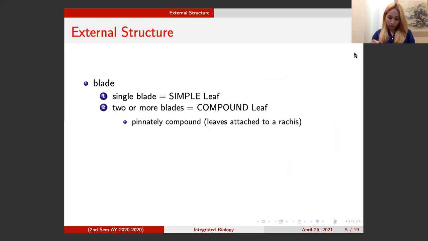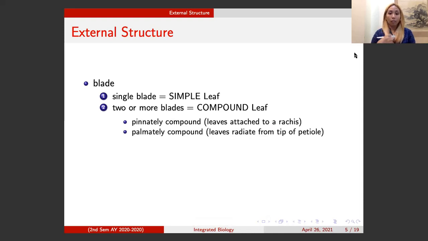So when leaves are attached to a rachis, then we have a pinnately compound leaf. Now, some leaves, however, are also compound leaves, but they radiate from the tip of the petiole.